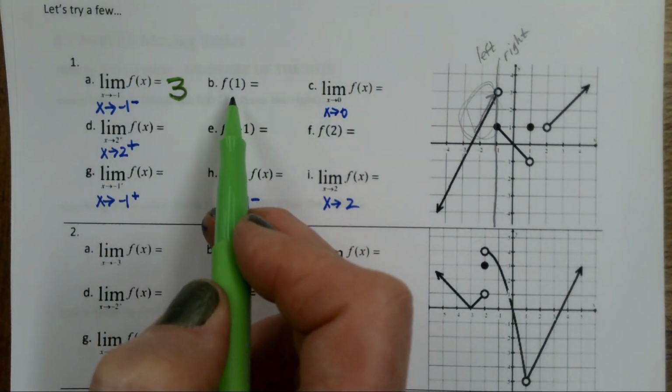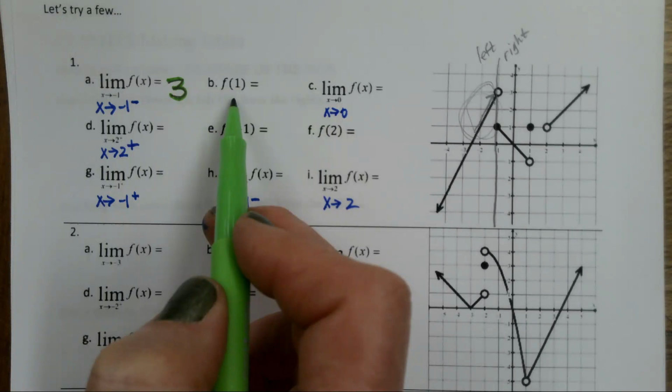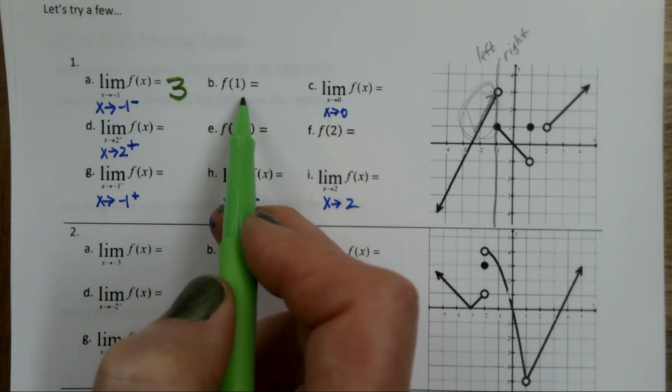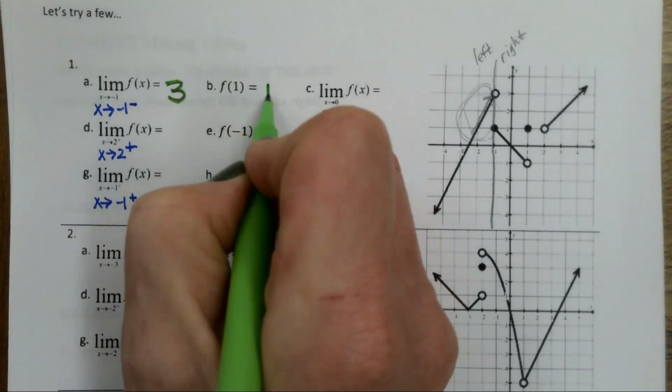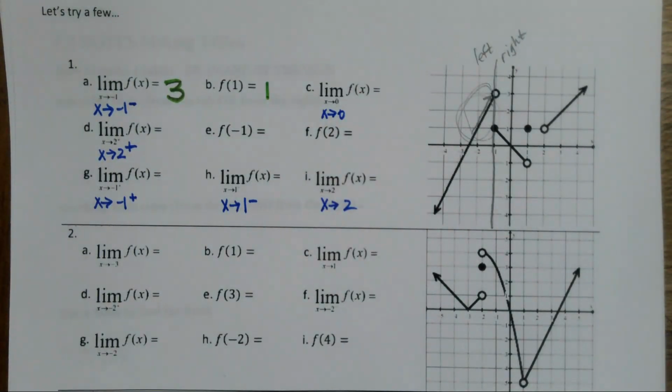What's the value, though? 1. Why 1? How come this is a value at 1? That's where the solid dot is, yeah. Yep. Okay.